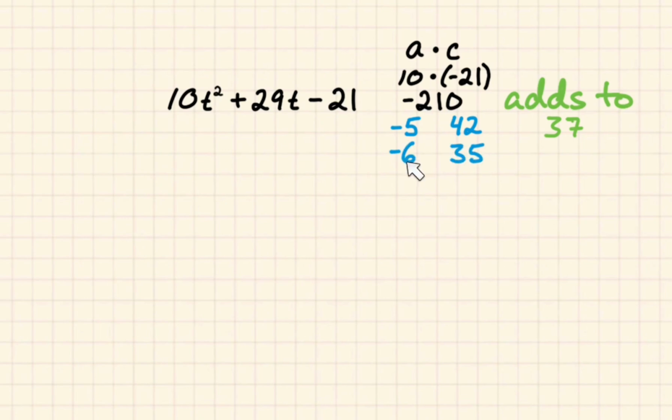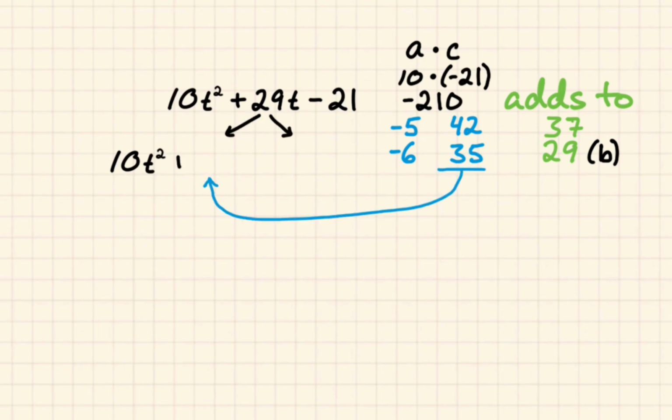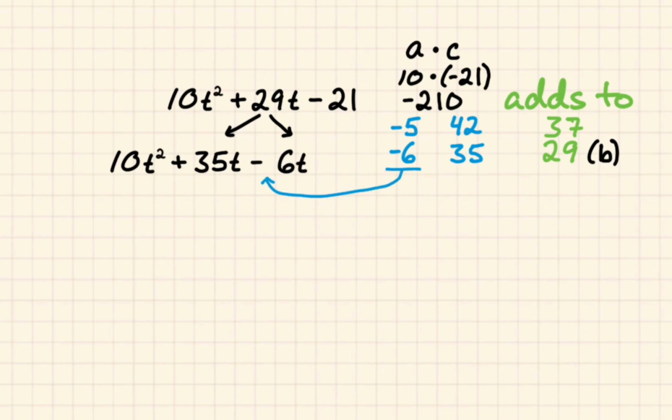Negative 6. I can divide 210 by 6 because it's even and you can add the digits and then get to 3. That does give me 29. So I'm going to replace 29t by 35t and negative 6t, or minus 6t.